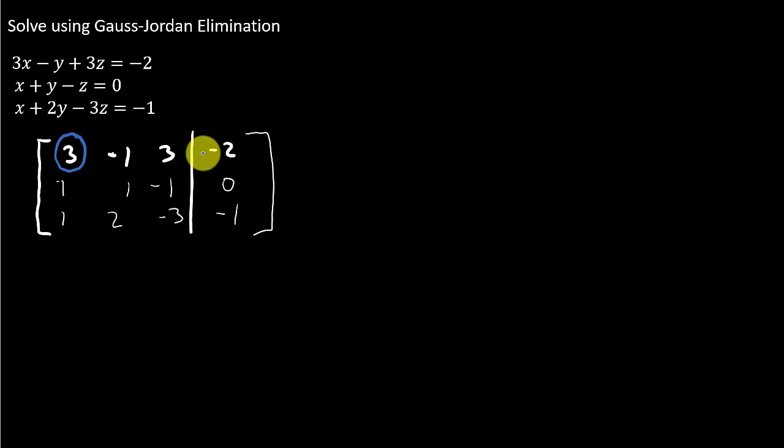So what we're going to do is just swap row 2 and row 1. If we wanted to, we could swap row 1 and row 3. It doesn't matter. So for right now, let's take row 1 and swap it with row 2.